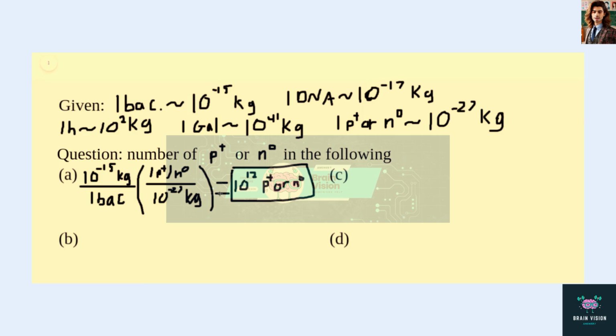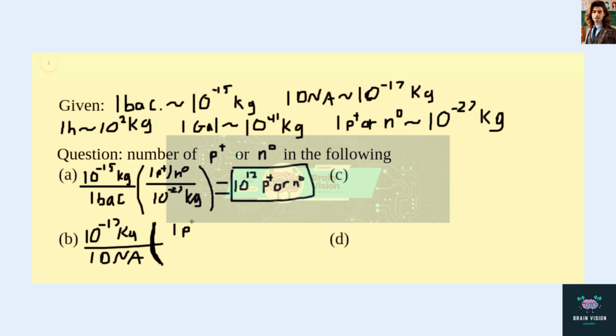Part B, we're going to do the exact same thing, except now for the DNA. For the DNA, we have 10 to the minus 17 kilograms for every one DNA molecule. Then we multiply that by our conversion between protons and the number of kilograms in a proton or neutron.